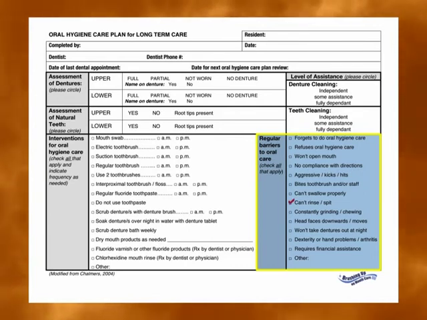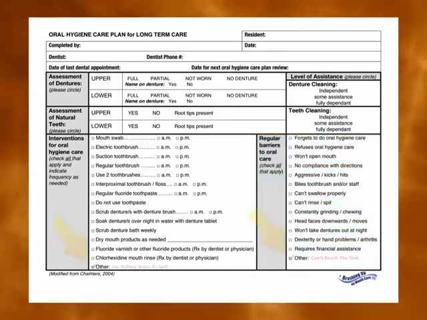For example, if someone cannot rinse or spit, it would not be appropriate to provide them with a fluoride mouth rinse. It may also alert a care provider that they need to have a low-volume suction machine when providing oral hygiene care. It would be appropriate for the care provider to have a low-volume suction machine when providing daily mouth care to that resident. At the bottom of both sections is an opportunity to add other notations if required.